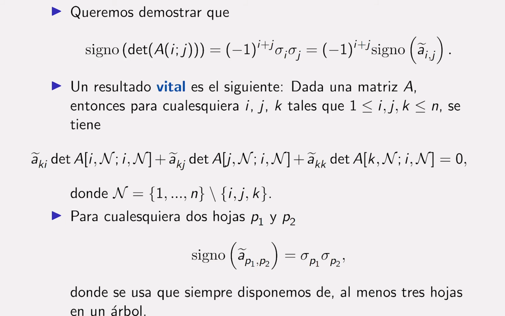Here n is just the whole set of numbers related with the matrix except the i, j, and k entries that we had, ordered as we said before. So this is not ordered, right? So we need to move the i into the right place if we want to do something, and the same here. So in this way, this is just equal to 0. This is very cool and really useful.